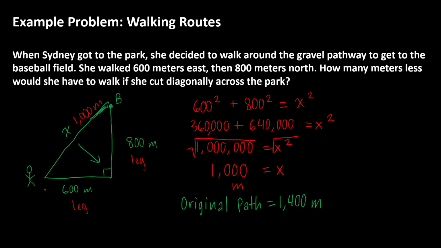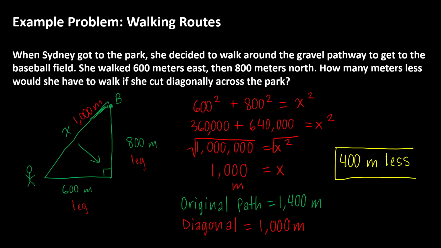But if she were to cut diagonally using the problem we just solved, then her path is only 1,000 meters. So really, if she were to just go from point A to point B, she would be walking 400 meters less. And I'm sure you can all work this out logically. The shortest distance between 2 points is a straight line.